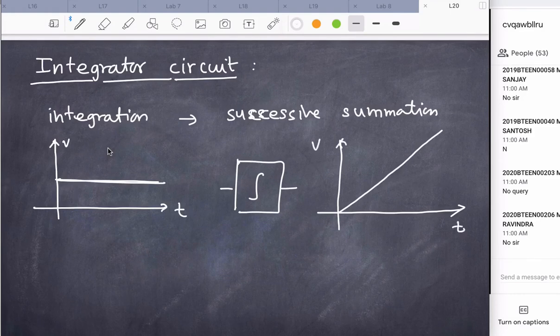If the input signal is small, the integration will be there but slow. If the signal is large, integration will happen, but the summation will happen at a larger rate. Are you understanding this?